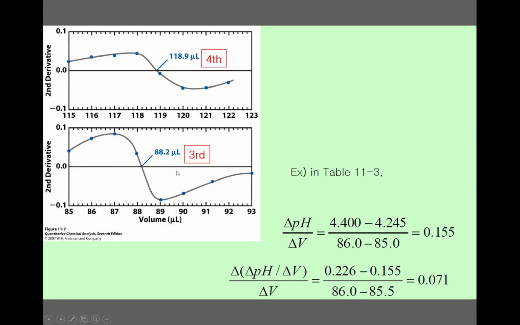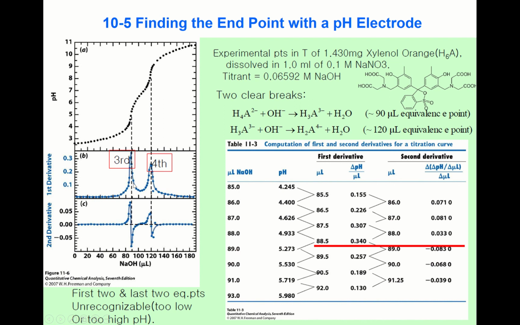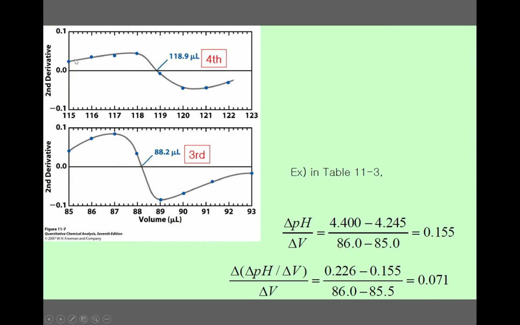Likewise, you do the same thing for this fourth equivalence point, and then you get the second derivative curve. Here also these points pass through zero, and you read from this curve.